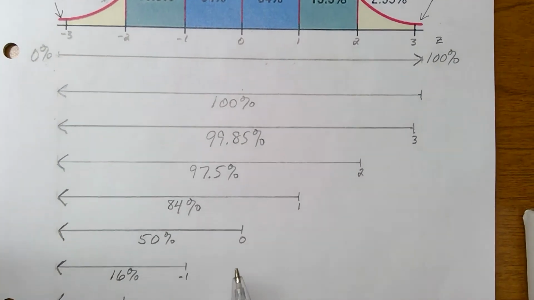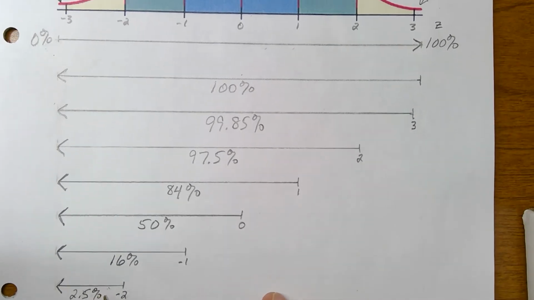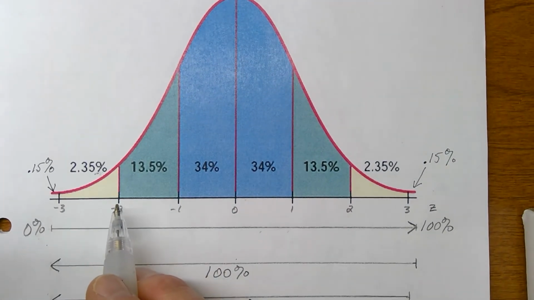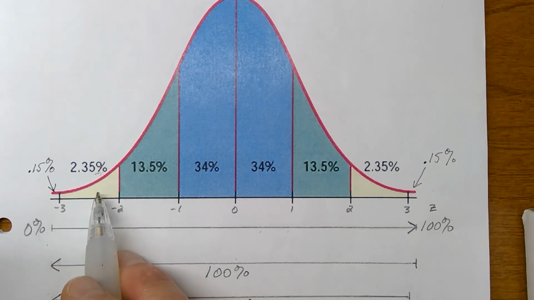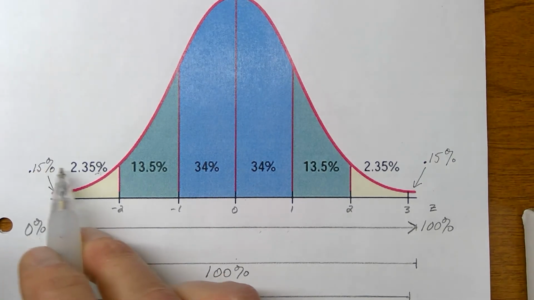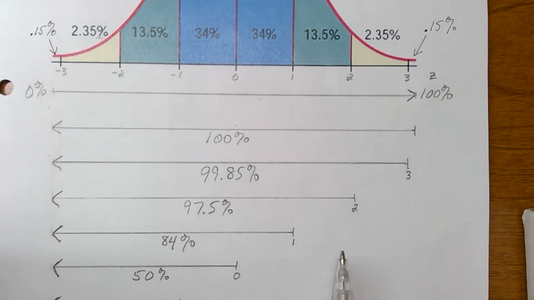What about -2? There's only 2.5%. That's 2.5 people, if we could have half a person, who live to the left of -2. That's these 2.35 in this area, and that 0.15 in this little tiny area right here. If you add those up, that's 2.5%, or 2.5 people out of 100.